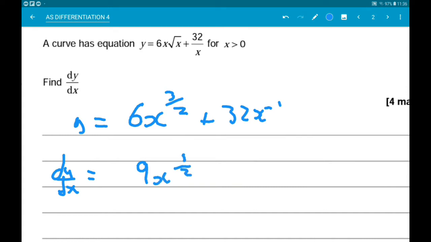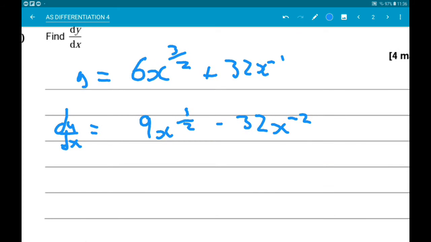And then for the 32x to the minus 1, we get minus 1 times 32, which is minus 32, x to the minus 2. Now, if you like, we could then write this as 9 root x minus 32 over x squared.